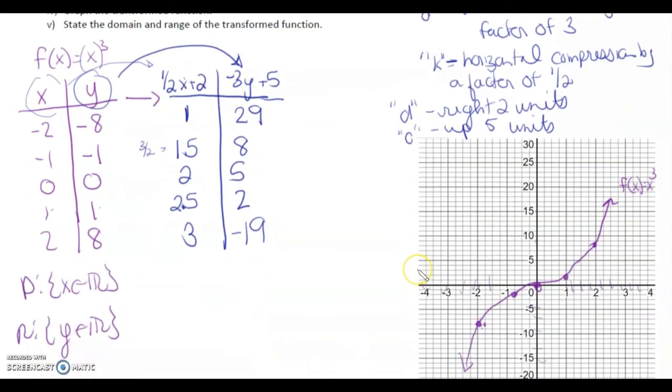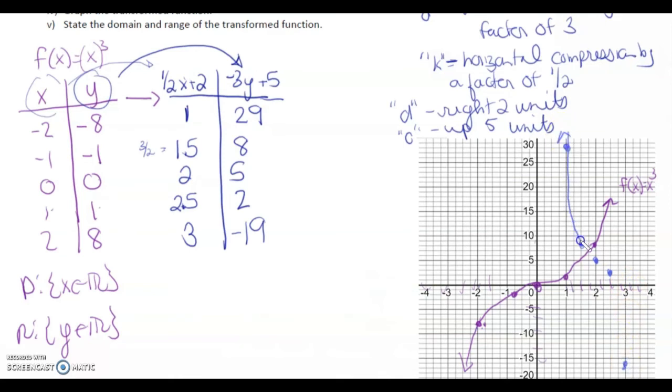So let's go ahead and graph this. (1, 29) is going to be here. (1.5, 8). (2, 5). (2.5, 2). (3, -19).